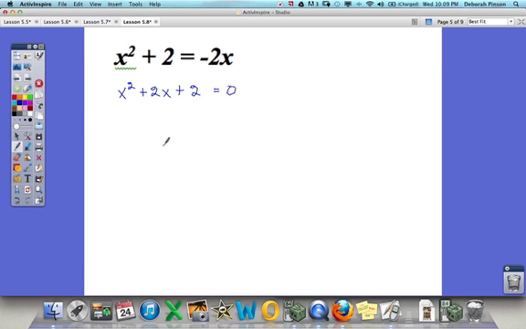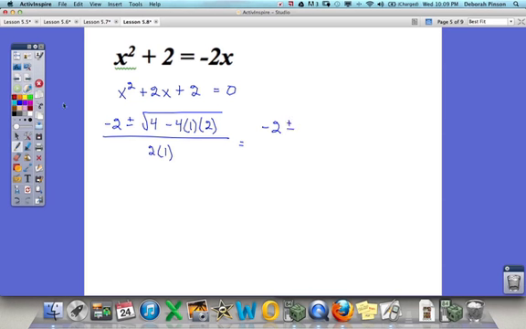And then I'll plug into my formula. So negative b plus or minus the square root of b squared minus 4ac all over 2a. Okay, and basically keep on simplifying down.